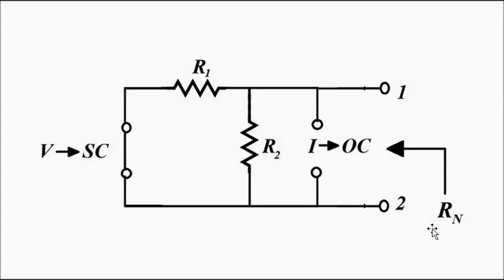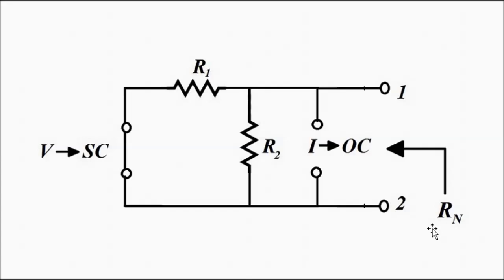The same thing we did in the Thevenin equivalent circuit also. The procedure for determining Thevenin equivalent resistance and Norton equivalent resistance is the same. In the Thevenin equivalent circuit we call it the Thevenin resistance, and in the Norton equivalent circuit we call it the Norton resistance, but they are the same. RTH and RN are the same.